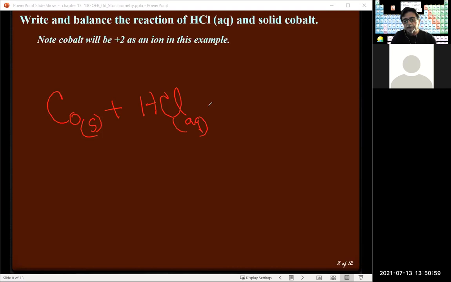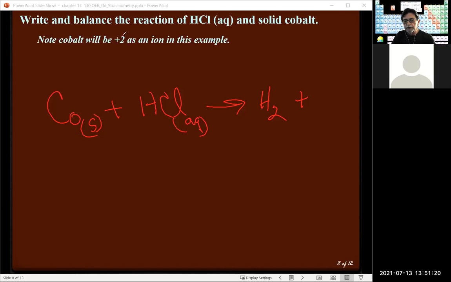And it's an acid. And if you remember, I said all metals reacting with acid, hydrogen is more reactive here, or cobalt, cobalt's more reactive. So we're going to make hydrogen gas plus the salt.